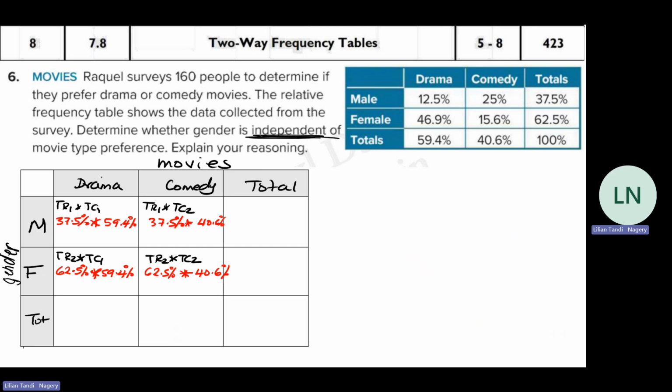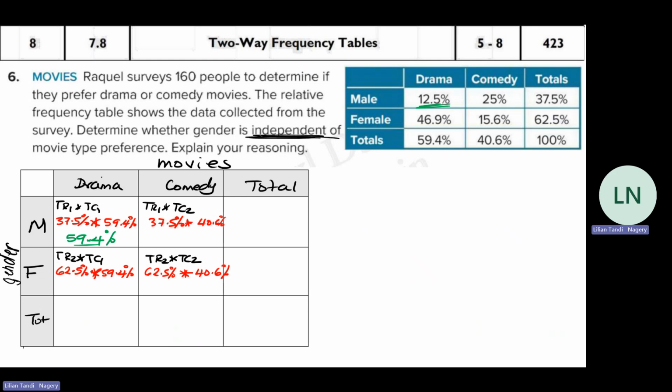When you multiply the percents, you'll get a decimal. So you have to multiply that decimal by 100. So you will get 59.4%. I don't even have to continue. Why should I continue? This number is already different from this number. So they are not independent.